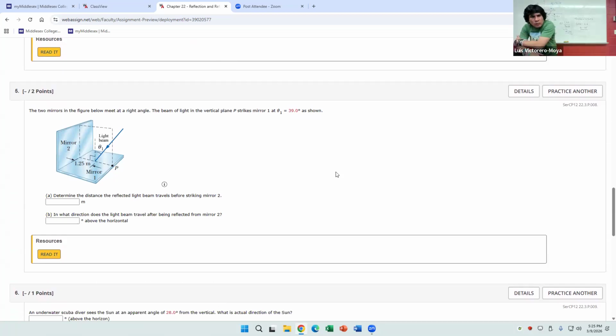So that's a reflection type of problem. You have two mirrors perpendicular to each other. Theta 1 is 39 degrees. Determine the distance the reflected light travels before striking mirror 2. In what direction does the light travel after being reflected from mirror 2?